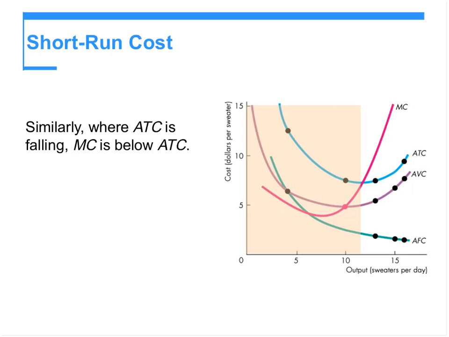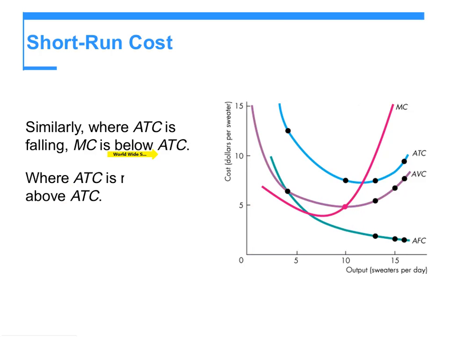Similarly, when ATC, which is average total cost, is falling, average total cost is this. When it's falling, MC is less than ATC. But the moment that these two reach each other here, and MC has started being more than ATC, ATC has started increasing.